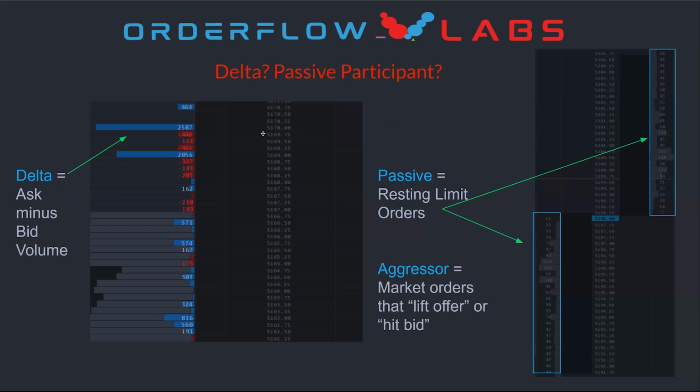And so here, just looking at an example from ES at 5170 in this scenario, we had a delta here of 2587, and then we had another one here of 2056. And so if we're looking for this area, we would want to see price stall before that would give me any consideration for a trade.